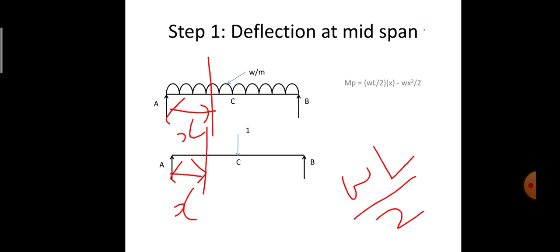First and foremost, I need to calculate the moment at the section X due to the real load, at the distance of X from A. It is nothing but VA into X, which is acting in the clockwise direction.